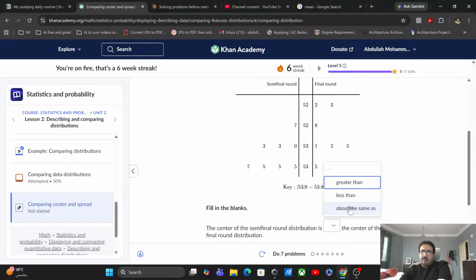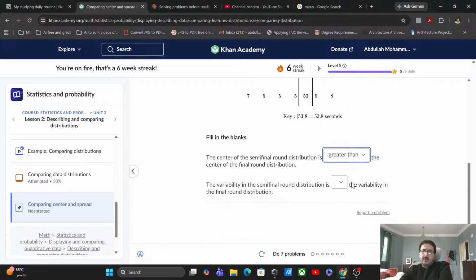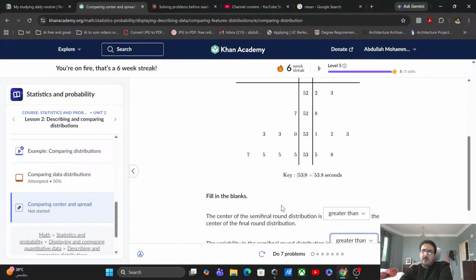About the same. In the center, the distribution is actually, I got 4 columns, and here I got 3's. The center is this. Go with greater. The variability in the semi distribution is greater than in the final distribution.